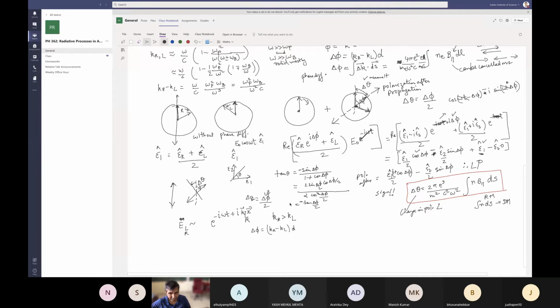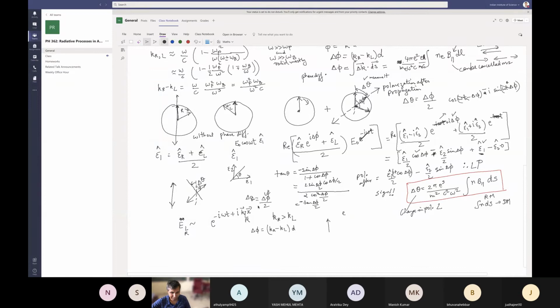So what I'm getting is that, if this is the L wave, at some time the R wave will have an e to the, anyway, I don't want to do it right now, but let me actually mention.